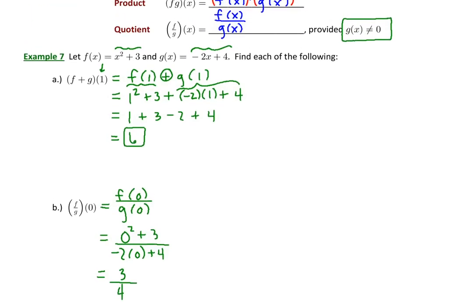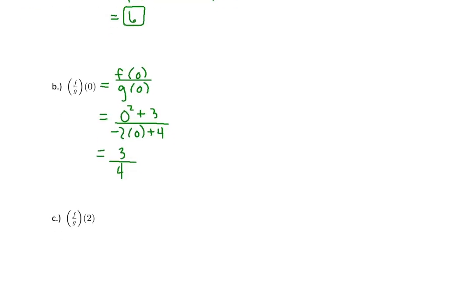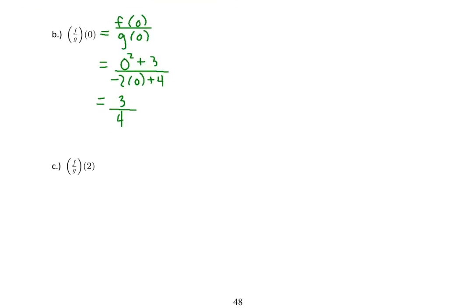So back up here to this stipulation, this is not saying that we can't plug in a 0. We can't get out a 0. That is, if the value of the denominator, when I plug in the argument, is equal to 0, we'll have an undefined operation. So what we've done here on example B is perfectly legal. We plugged in a 0, and we have a non-zero denominator, therefore the operation is defined.